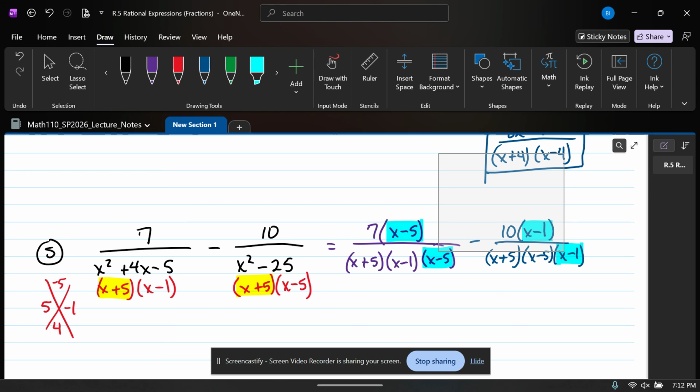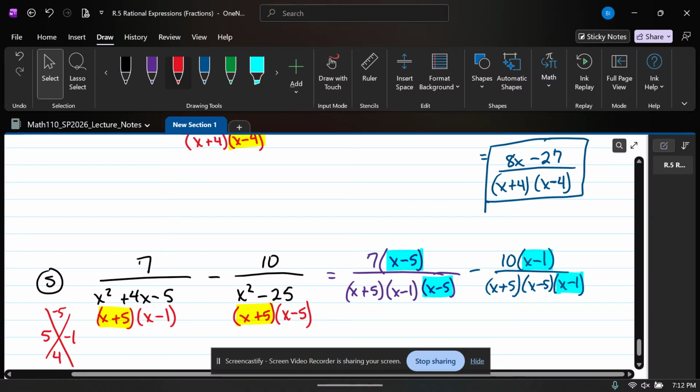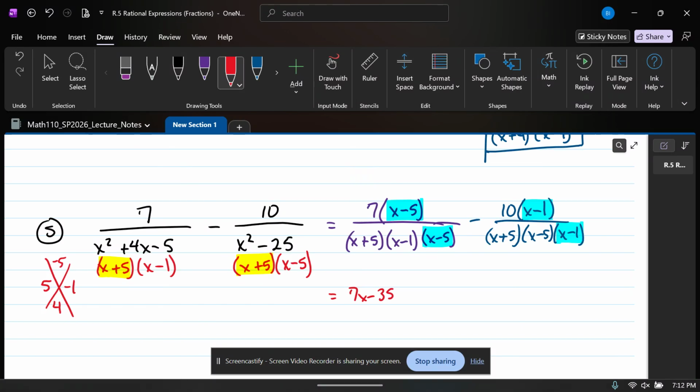And now let's put that together with the subtraction. Okay? So that's going to be 7x minus 35. Then what? It'd be negative 10x, not minus 10, but plus 10.